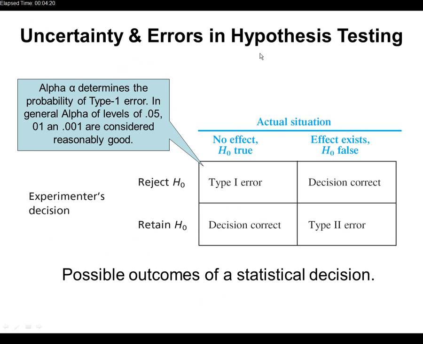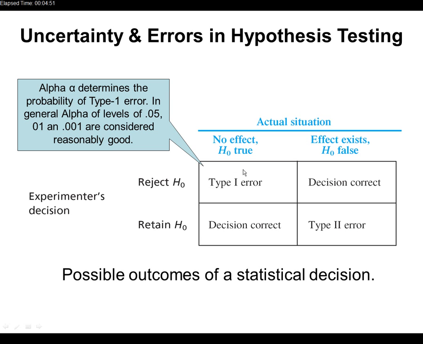Okay, so here's the uncertainty and errors in hypothesis testing. The alpha level determines the probability of type 1 error. What is that? We'll explain. In general, alphas of levels 0.05 and 0.01 are considered reasonably good. Okay, and here's the actual situation. So here's my rejection, here's my retention of the null hypothesis.